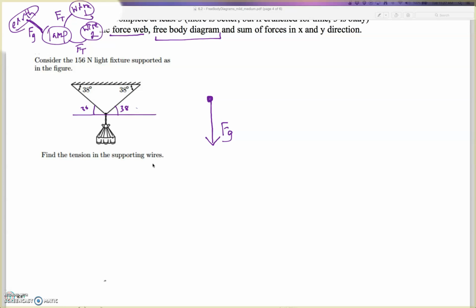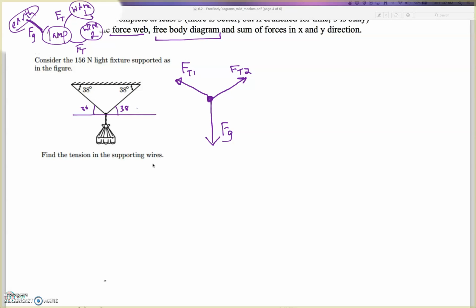And then I'm going to show those two tension forces, and I'm going to make sure to show them at the correct angle. I'm going to call this one force tension 1, just because it doesn't actually matter which one I call which. And this one I'm going to call force tension 2. So I've got these two tension forces supporting the lamp, and my free body diagram is all set.